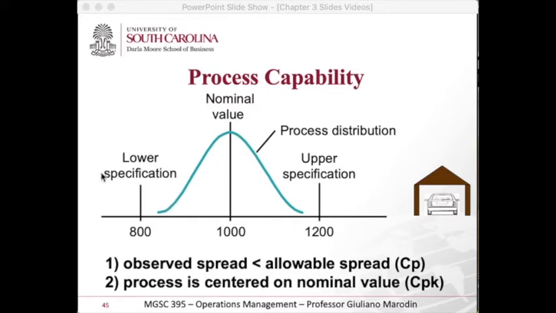And we have the lower specification and the upper specification. So now it's different. It's not control limits. It's customer specifications, and these specifications will be given to you by each problem. Okay, so we're going to do problems in Pearson, IOM lab, in class, exams, all that. So they're going to give you specifications, upper and lower, and they're going to give you the mean and the standard deviation of this distribution.